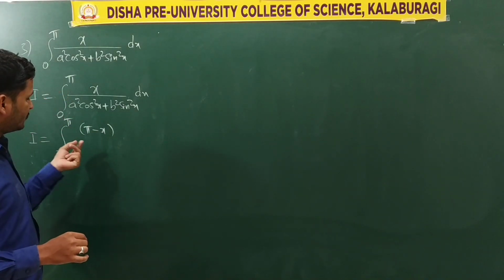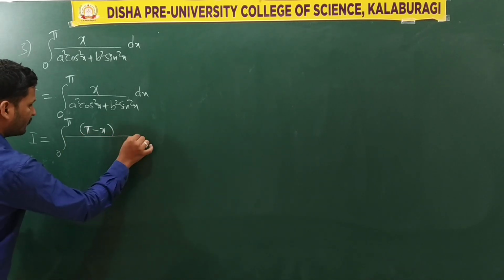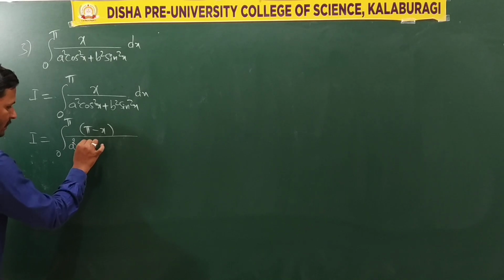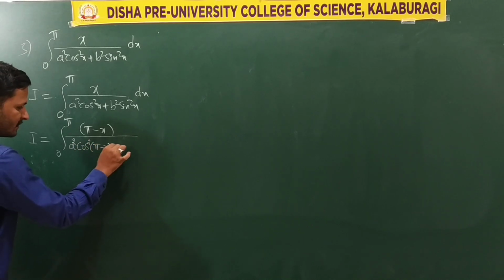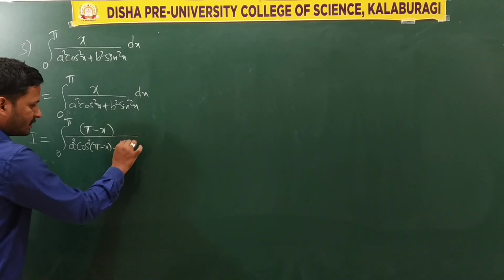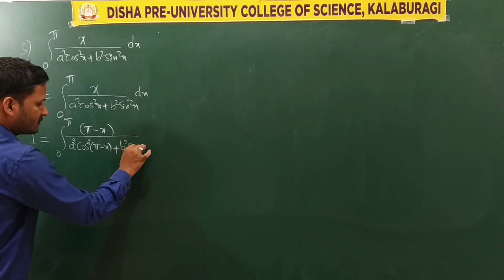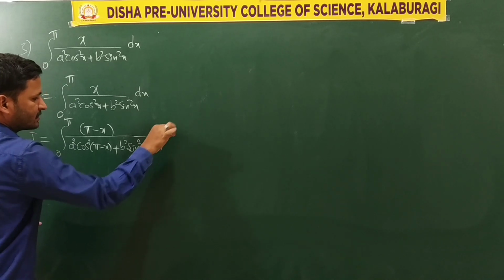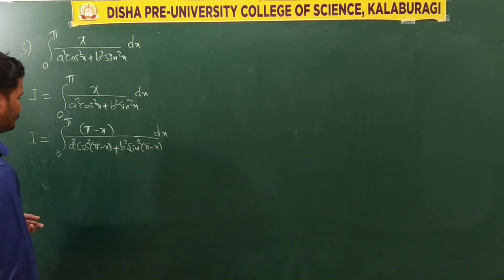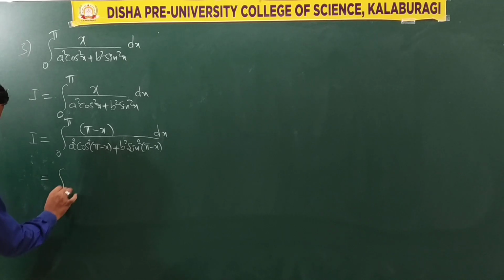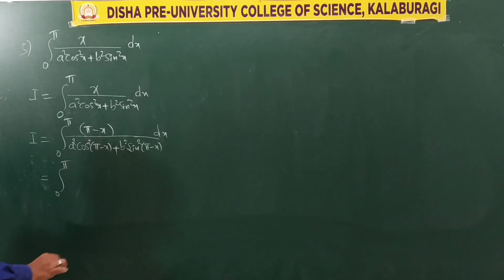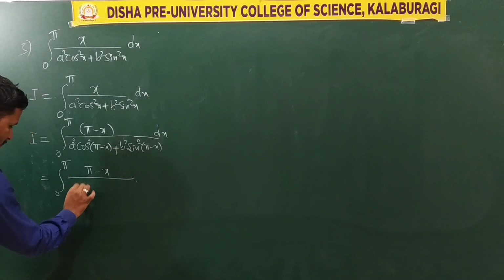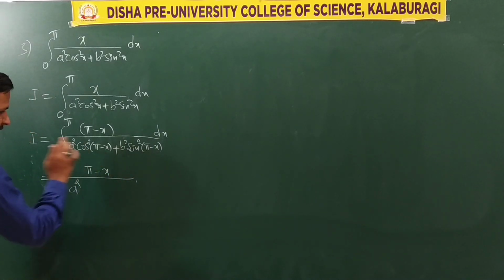Here a is pi, so pi minus x divided by a square into cos square of pi minus x plus b square into sin square of pi minus x into dx. Now this is equal to the integration from 0 to pi of pi minus x divided by a square cos of 180 minus theta.